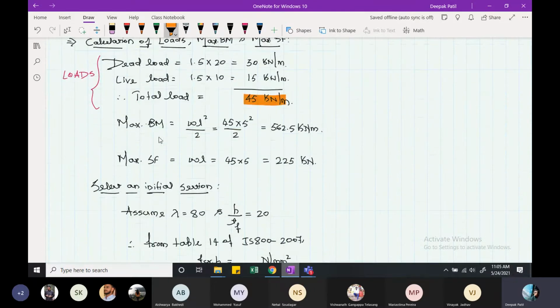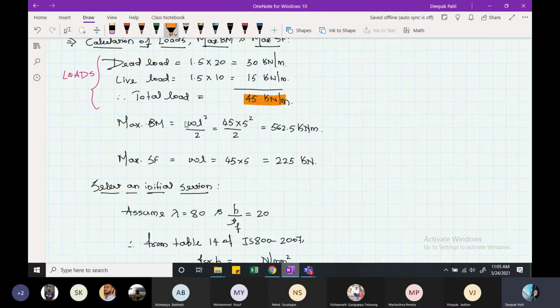We can easily calculate the maximum bending moment, which will obviously occur at the fixed end. It will be WL square by 2, that is 45 into 5 square by 2, because this is the formula when the cantilever beam is fixed at one end and free at the other and is loaded with a uniformly distributed load throughout.